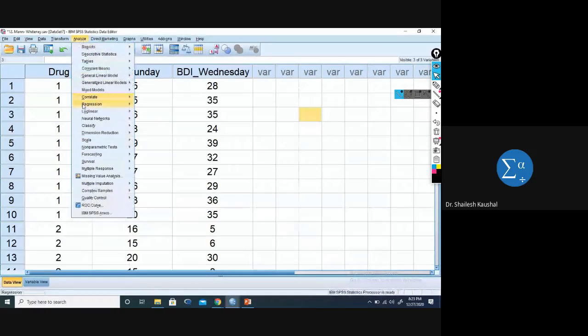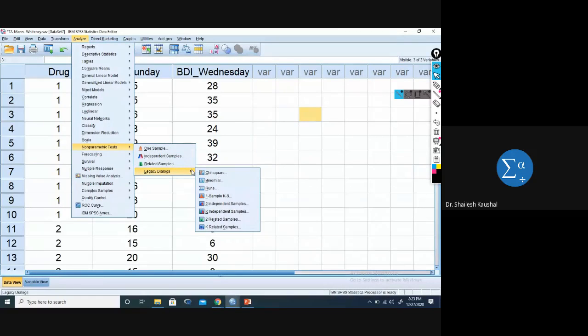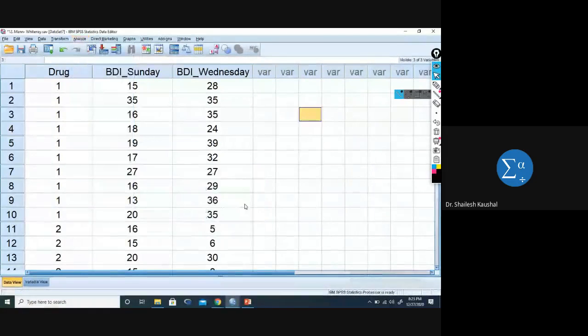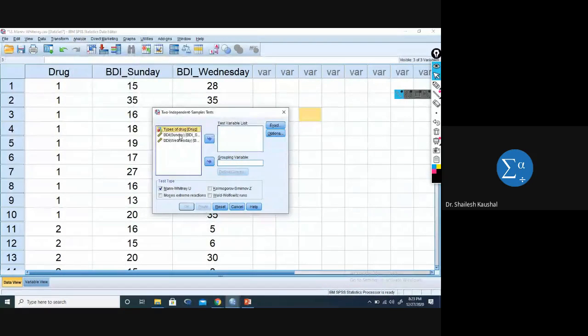Now I am using the non-parametric test. It is the same as the independent t-test. Analyze, non-parametric test, 2 independent samples.